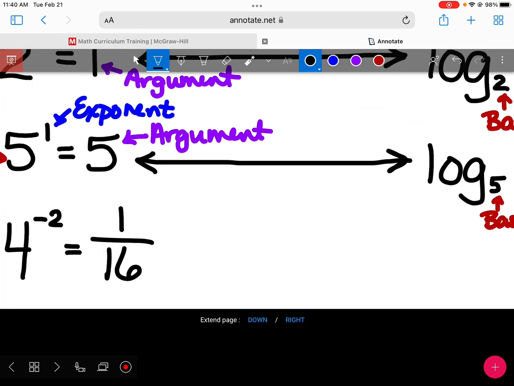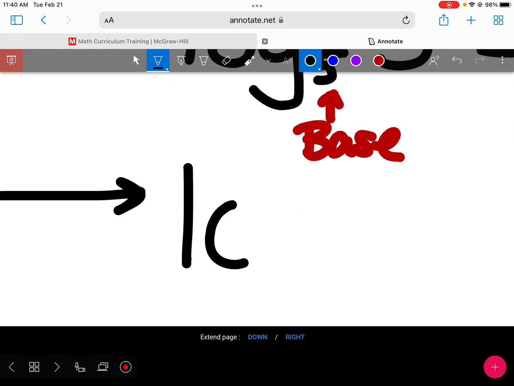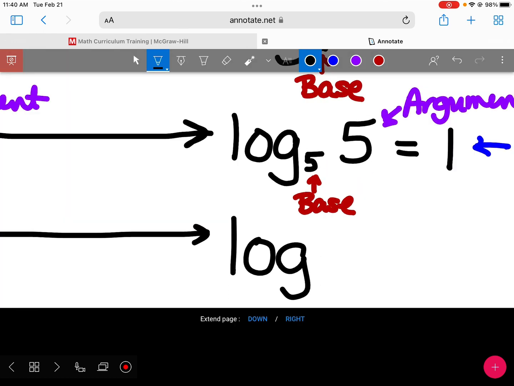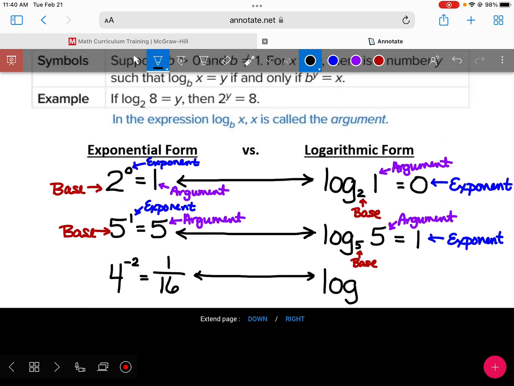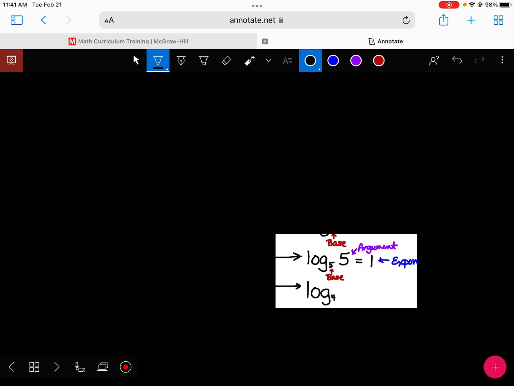Help me write this in its log form. What does it have to start with? Log. What would come after that? 4. I'm going to write something wrong, and I want you to tell me why it's wrong. Yeah, the base has to be little and next to the G. So it has to be down here.